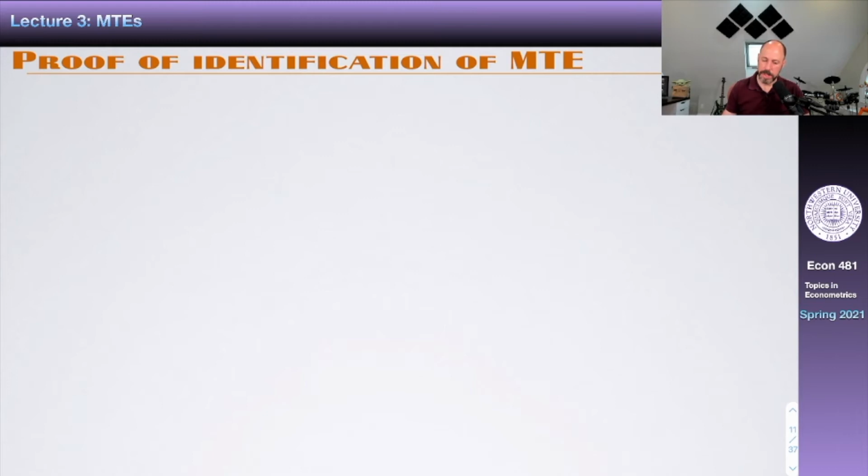Let me write this: expected value of Y given that the propensity score is equal to little p.